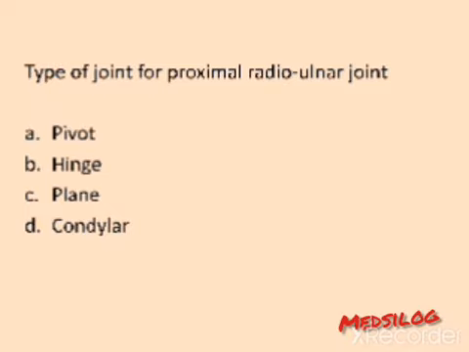It's not hinge, because hinge is for the elbow. Is it plane or pivot? It's not condylar. It's between pivot and plane. Correct answer, that is pivot. And plane for the distal radio-ulnar joint.